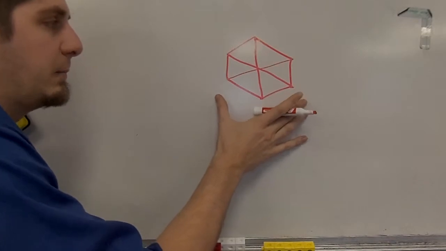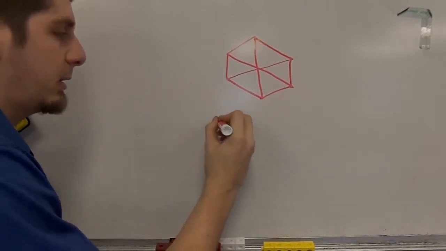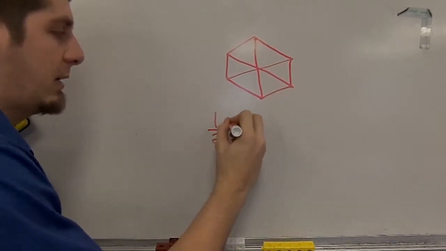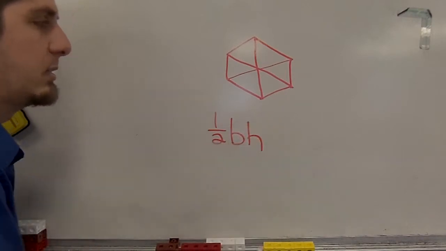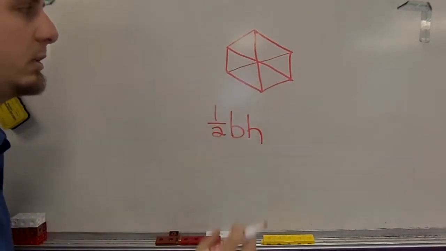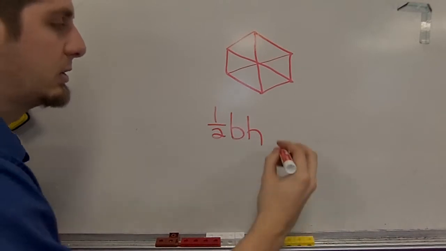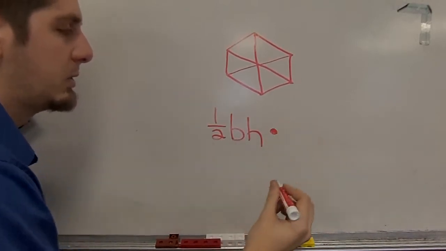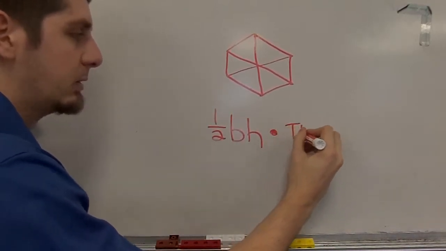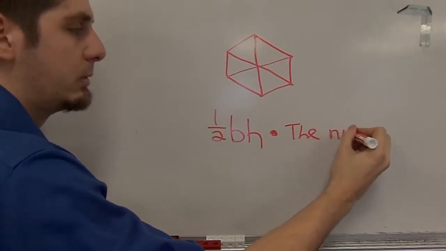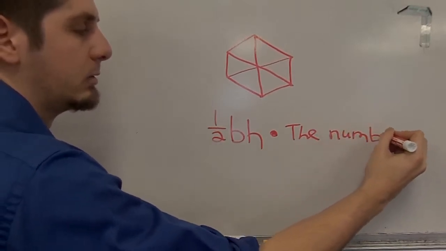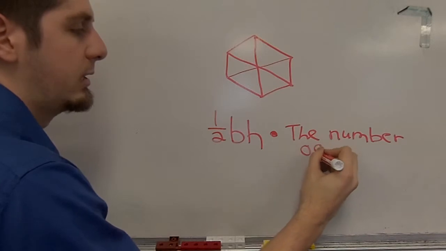So the area of any figure with more than 4 sides is 1/2 times base times height of one of the triangles inside, times the number of triangles inside the figure.